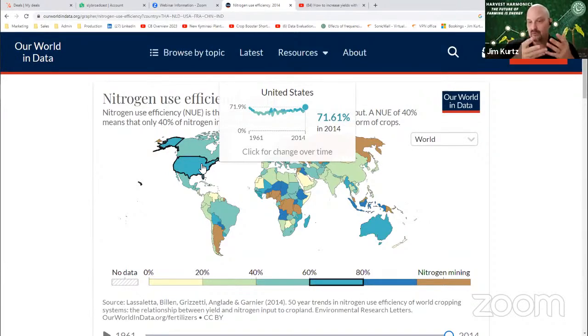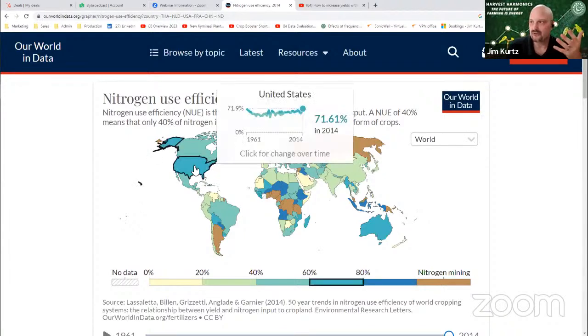If the plants were absorbing 100% of the nitrogen you're using, you'd have a 100% efficiency rating. However, even in countries like the United States, where everything is considered pretty efficient, you have 71%. That means almost 30% of the nitrogen that farmers in America are using is not being used by the plants.